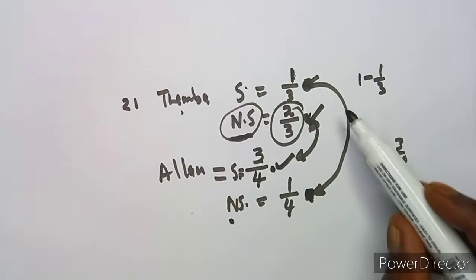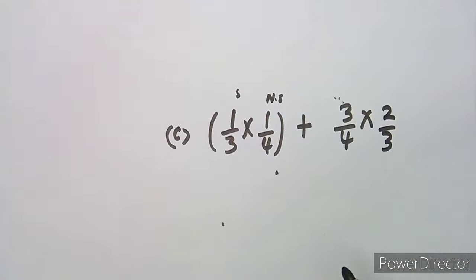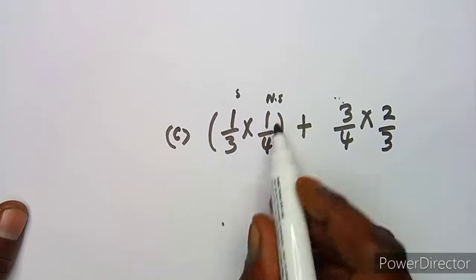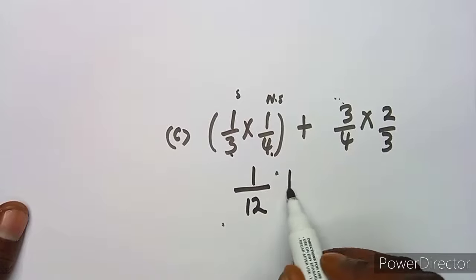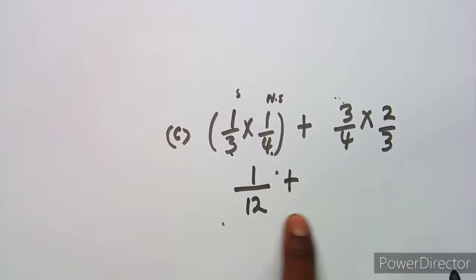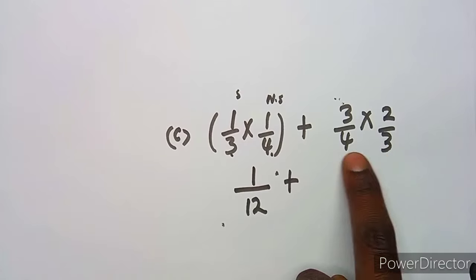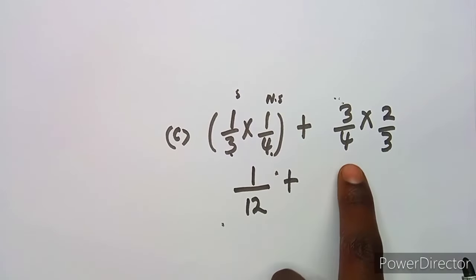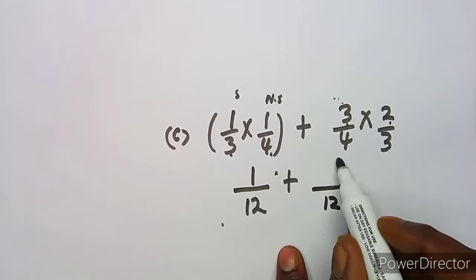So as you see, if you list your information like this, it's easier for you to take your information. Now you can combine these: 1 times 1, which is 1/3 times 4, which is 12, plus... Already here I have maintained a denominator of 12. Yes, you can reduce this, but try to maintain the denominator of 12 so that you can easily add. So 4 times 3 is 12, and 3 times 2 is 6.